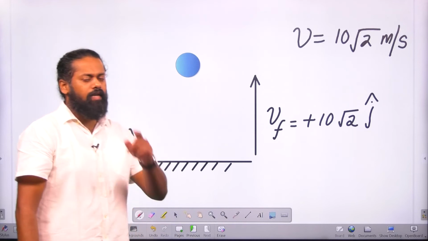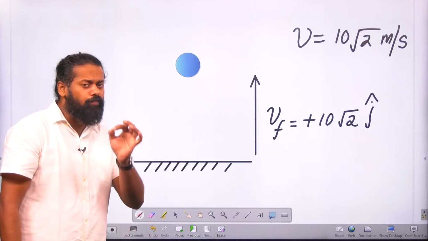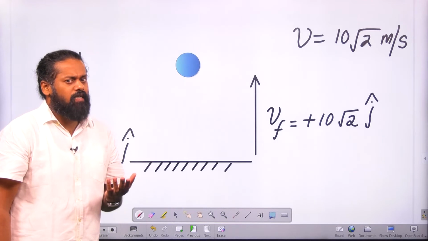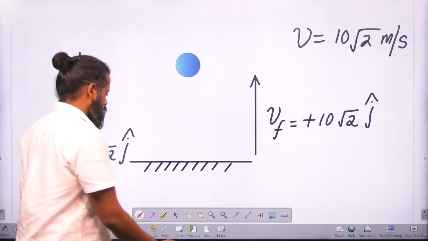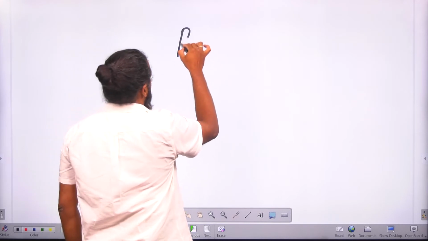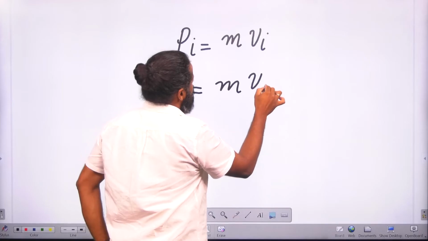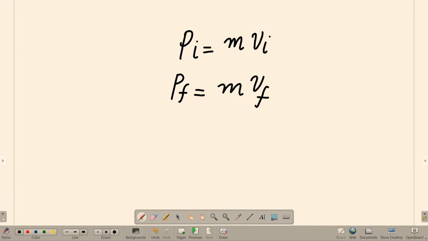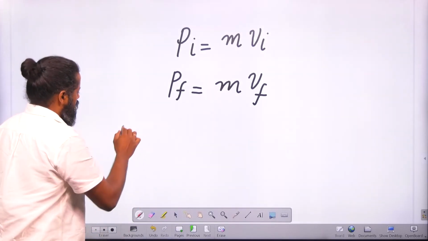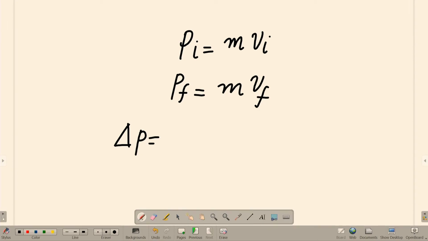Fine. We have initial and final velocity. How to find the momentum? Momentum is nothing but mass multiplied by velocity. Initial momentum is equal to mass of the ball multiplied by v initial, and final momentum is equal to mass multiplied by v final. Now we can find the change in momentum. Delta P is equal to P final minus P initial. We can take mass common: mass multiplied by V final minus V initial.